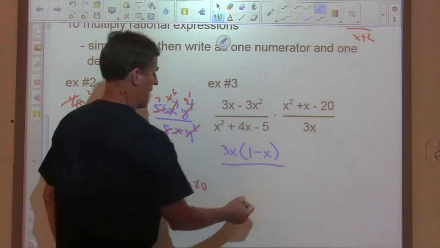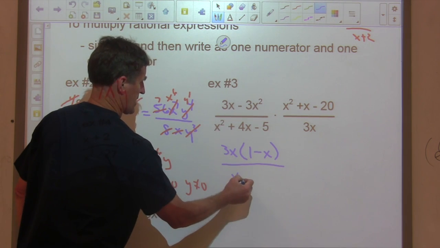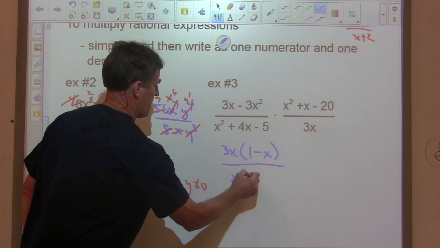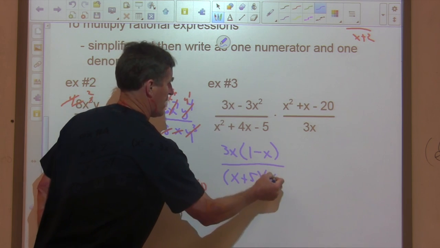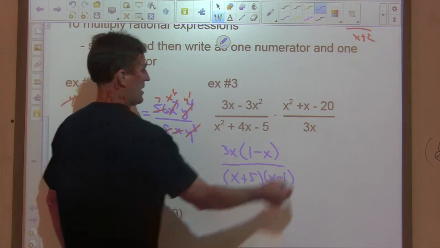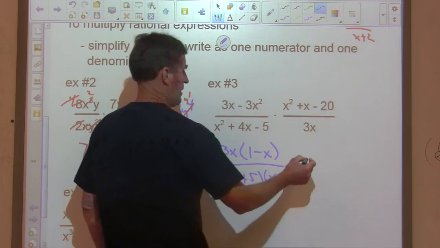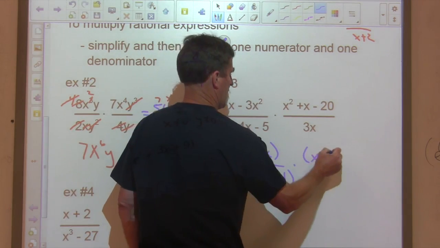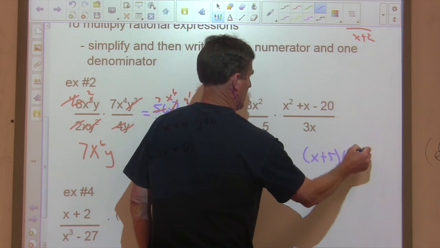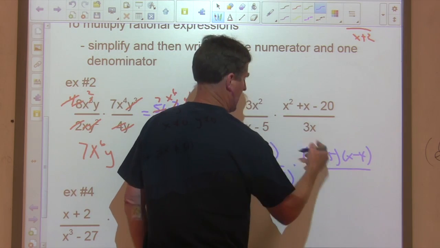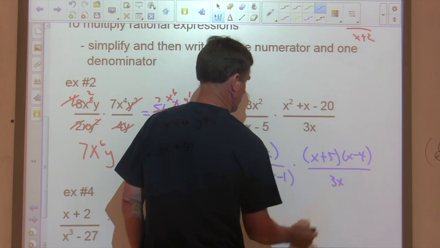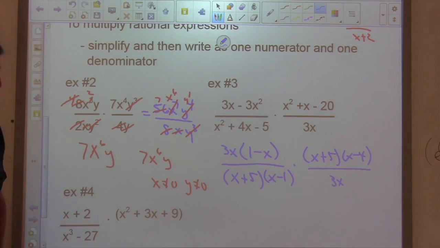If I factor the bottom, it factors into x plus 5 and x minus 1. And this one, the top factors into x plus 5 and x minus 4. And I can't factor the bottom, so I've got 3x.